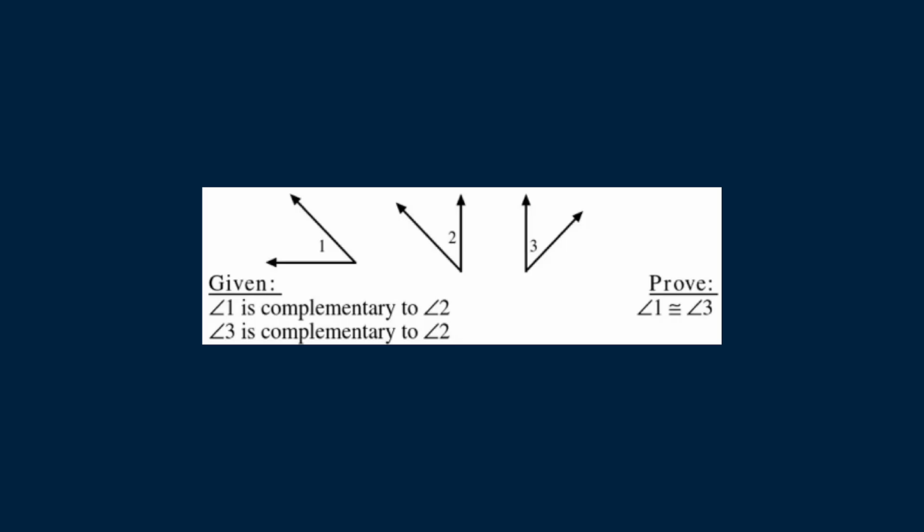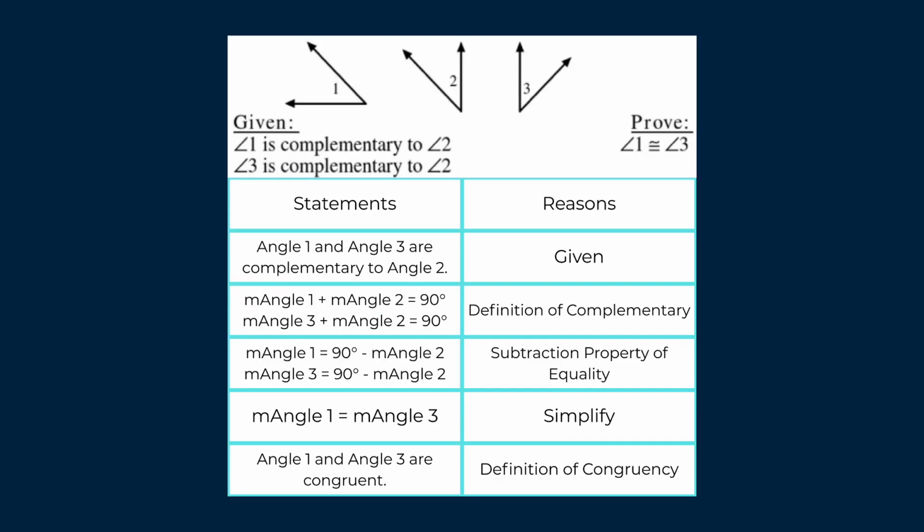So this is the entire 2-column proof for that. As you can see, we say that angle 1 and angle 3 are both complementary to angle 2, and then we make equations out of it. The measure of angle 1 plus the measure of angle 2 sums up to 90 degrees, and we can say the same for the measure of angle 3 and the measure of angle 2.